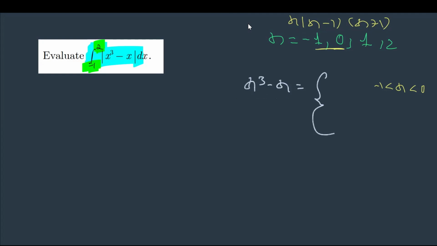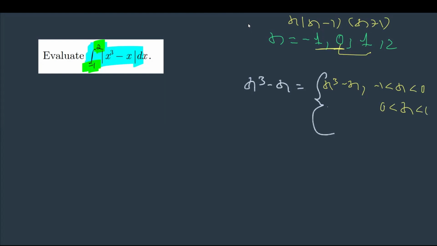So if I take a value which is between minus 1 to 0, say minus 0.5, what I'm going to get is this negative, this negative, and this positive. So that's positive. So we'll say that we are going to get x cubed minus x as positive. For a value between 0 to 1, this should give you negative.